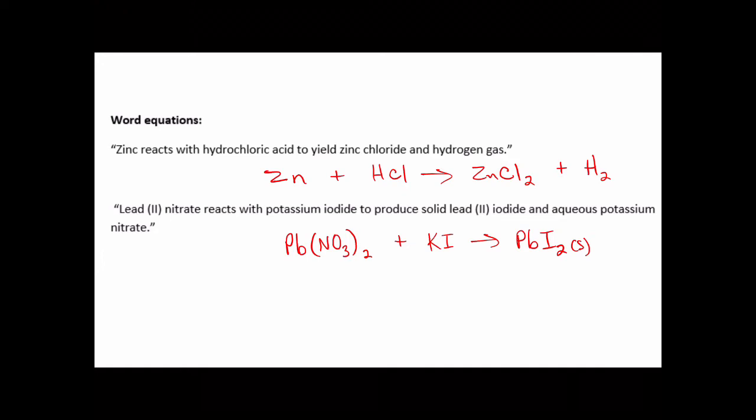Notice there was nothing said about the physical states of my 2 reactants, but it did mention that this was solid. And it's also going to produce aqueous potassium nitrate, so KNO3. Again, a 1-to-1 ratio this time because potassium is +1, nitrate's -1, and aqueous means AQ. So that would be 2 examples of turning word equations into chemical equations. You probably need your list of polyatomic ions that you learned last semester to help you out with some of those problems, and we'll do some more in class for sure.